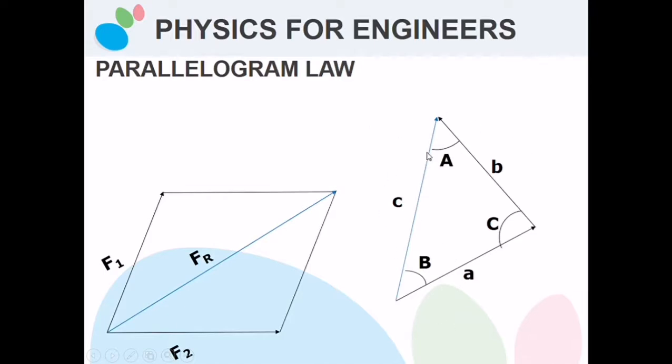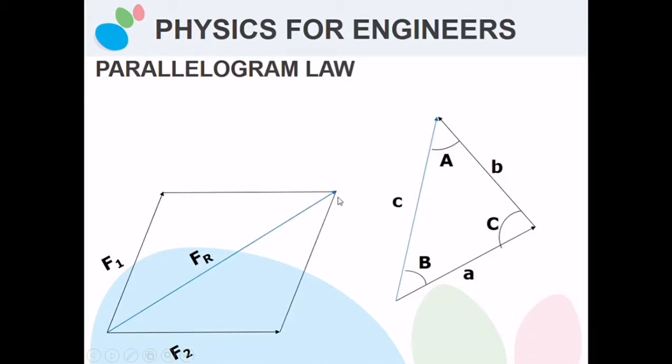Okay, so all sides we designated as A, B, C. So side A, side B, side C. Side A, let's say that this is the first force vector, or the force given, and then B is the second force given.